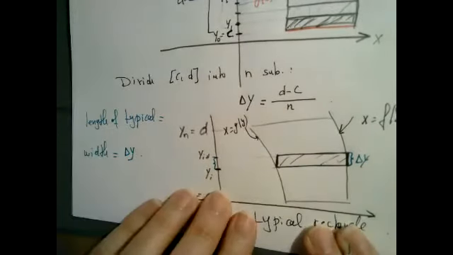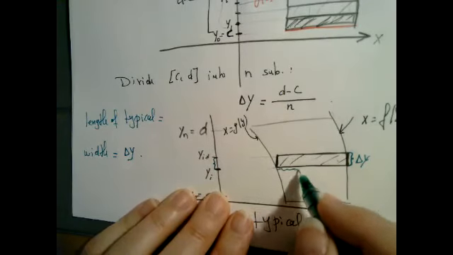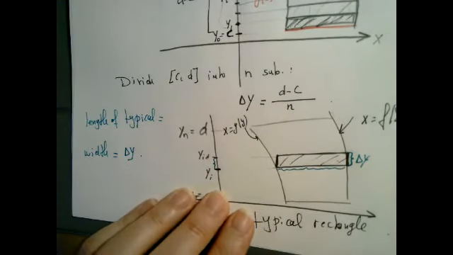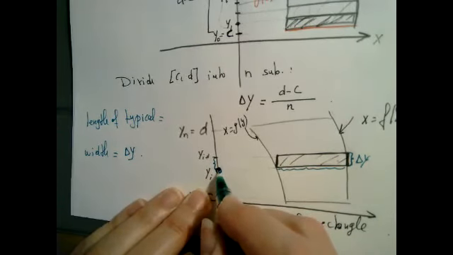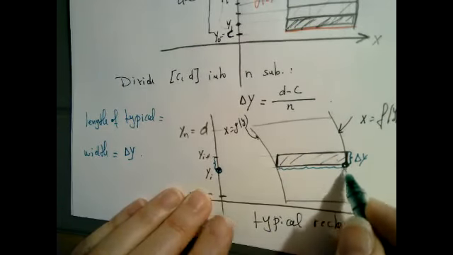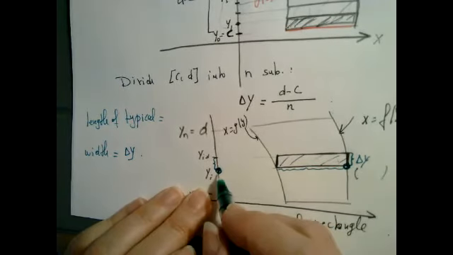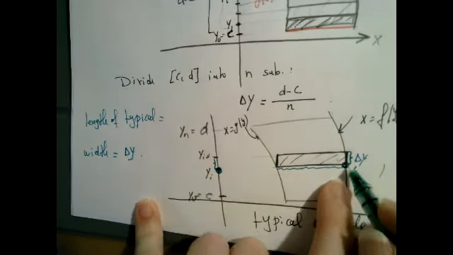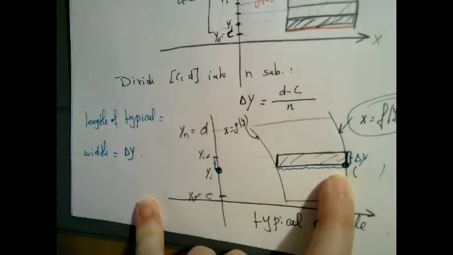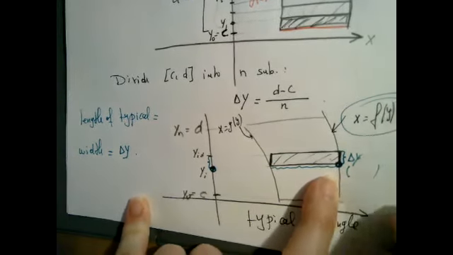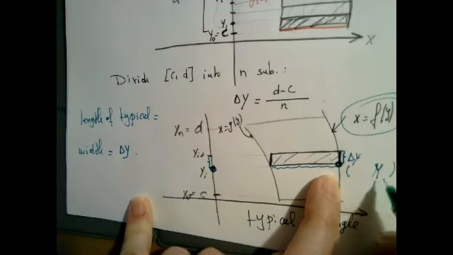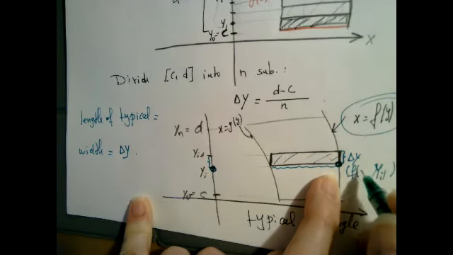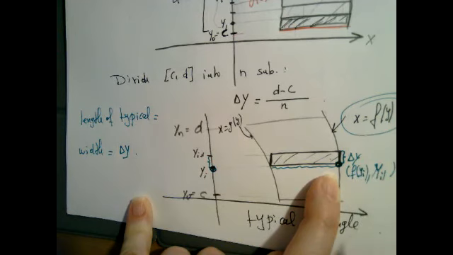Now the hard part, what's the length? How much will I have from here to here? Watch the picture very carefully. This is yi, right? What's this point right there? This point is on the graph of this function. So if this is yi, this point here is going to be f of yi.